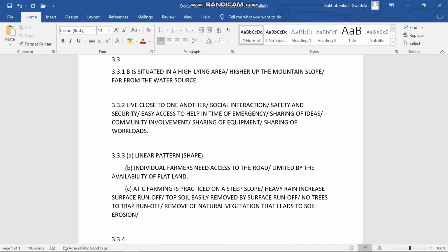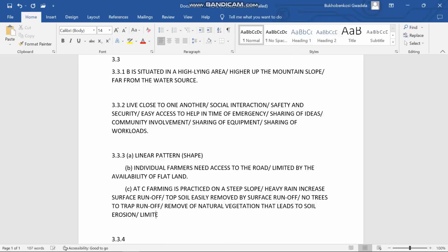Because when they are plowing, they remove the topsoil, the natural vegetation, so that they can plant their own vegetation, which are crops. Limited contour plowing due to long narrow farmland.